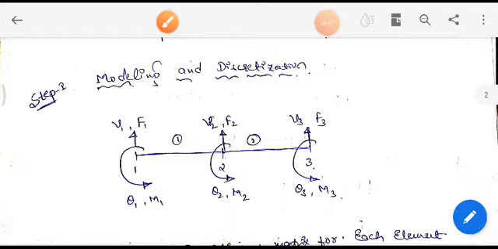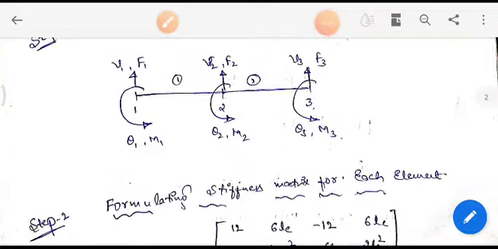So this is how we do the modeling as well as discretization. We have discretized the whole beam into two elements, and we have defined the number of nodes as well as the displacements which may occur over here.